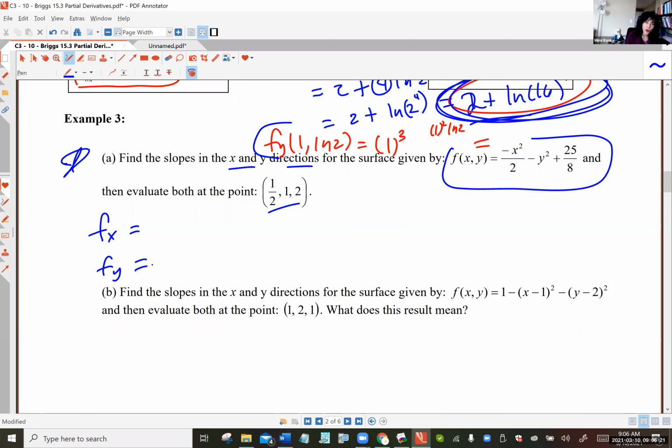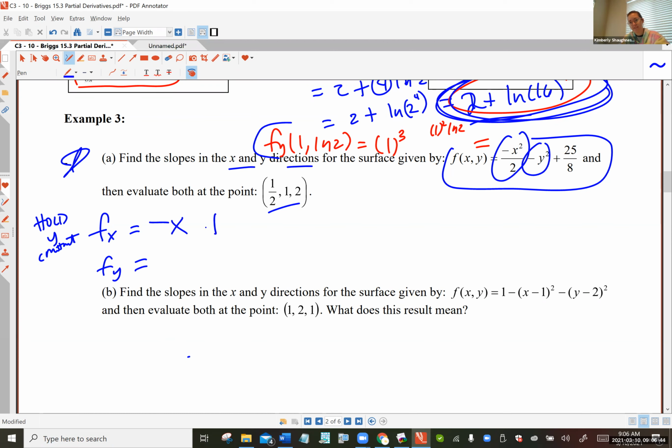If you're going to hold y constant and differentiate with respect to x, let's do this term by term. What is the derivative of negative x squared over 2 with respect to x? Negative x. How about the derivative of negative y squared with respect to x? 0.